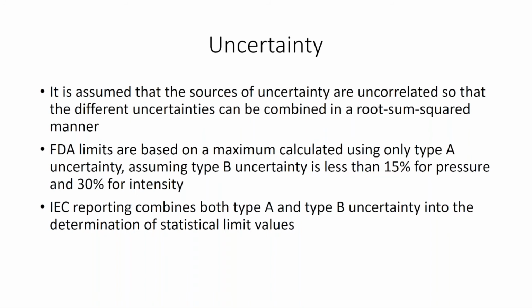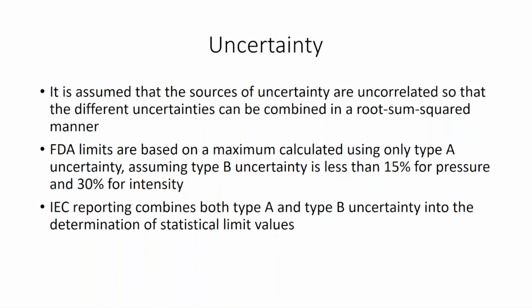And there's a slight difference here in how the FDA and the IEC want these uncertainties reported. The FDA limits are based on a maximum calculated using only type A uncertainty, and this is allowed by the FDA requirements if the type B uncertainty is less than 15% for pressure and 30% for intensity. The IEC report, conversely, combines both type A and type B uncertainties into the determination of the statistical limit values.